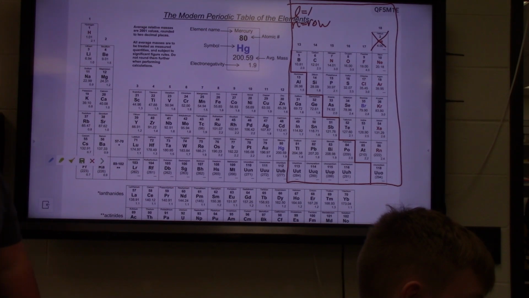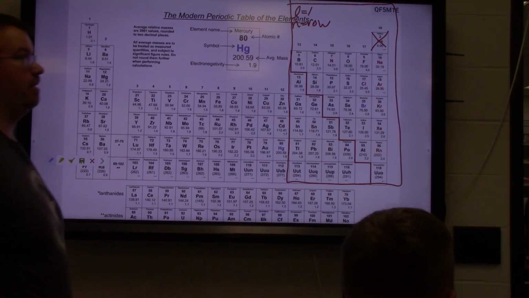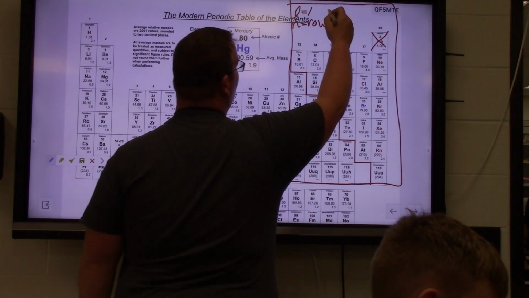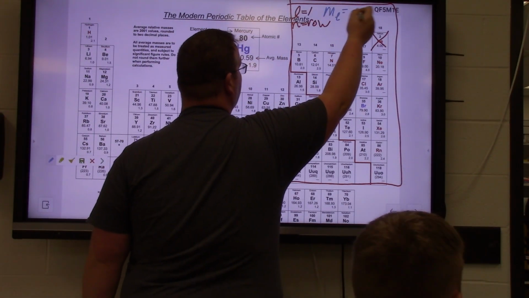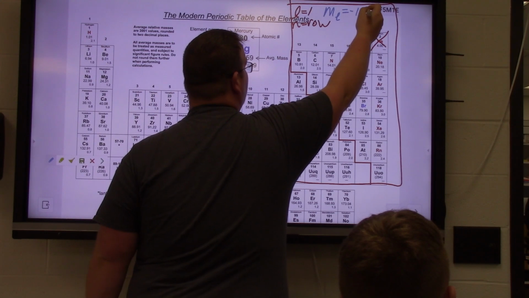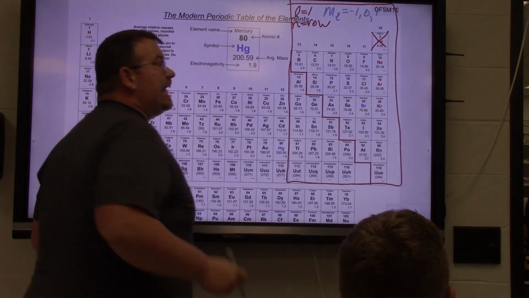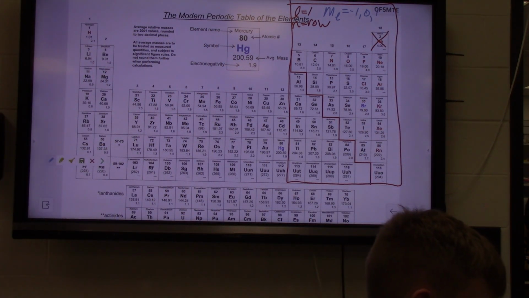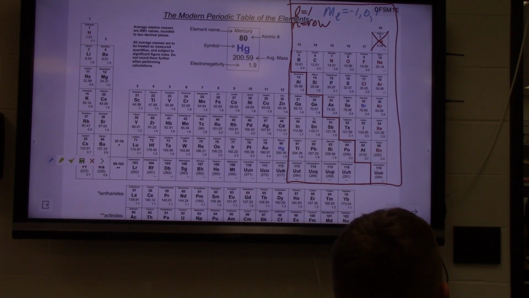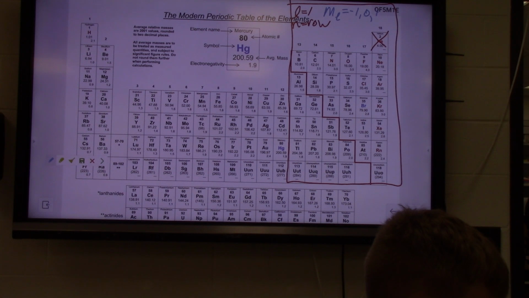And then the big one is the orientation, M sub L. If L is 1, then M sub L can be -1, 0, 1. Here's where you have to remember the rules for how electrons act. Don't forget Hund's rule.